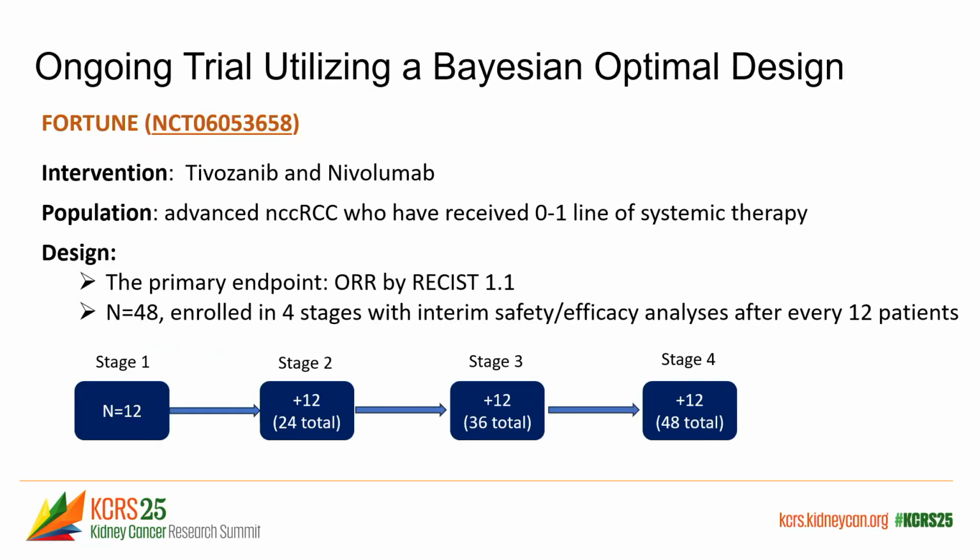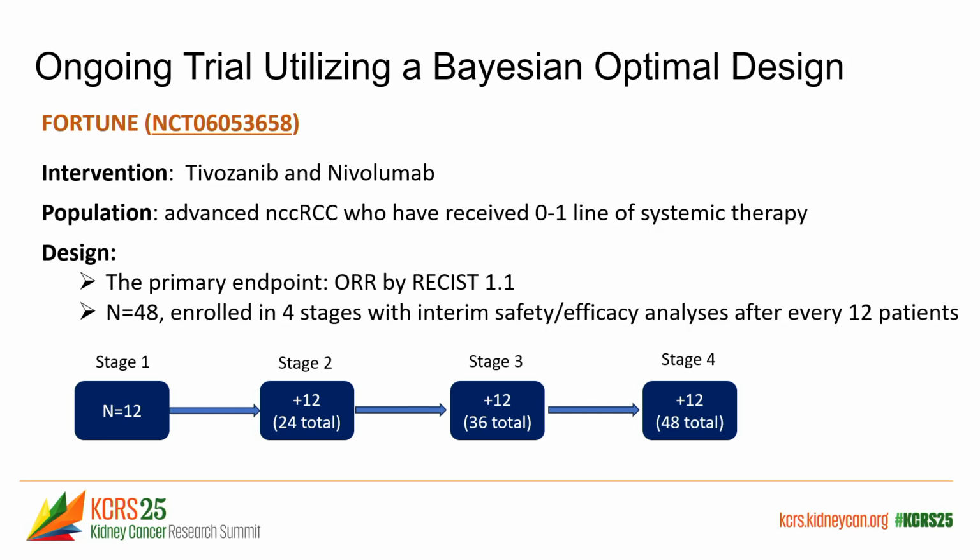There is also an ongoing phase 2 study which utilizes a Bayesian optimal design. This is a single-arm phase 2 study to evaluate the efficacy and safety of the combination therapy in patients with advanced non-clear cell RCC who had received up to 1 line of prior systemic therapy.